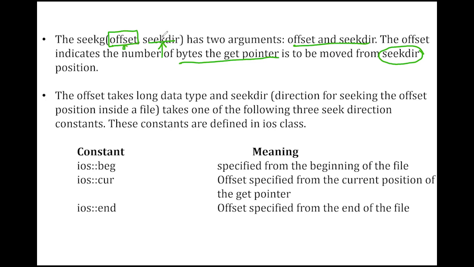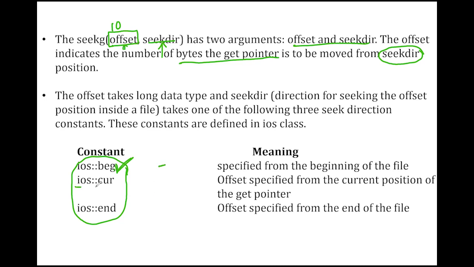But what happens to the seekdir? For seekdir, we use any one of these constants. That is ios::beg, nothing but specified from the beginning of the file. So if I mention this, suppose offset is set to 10, then from the beginning 10 bytes I should move and start reading from there.